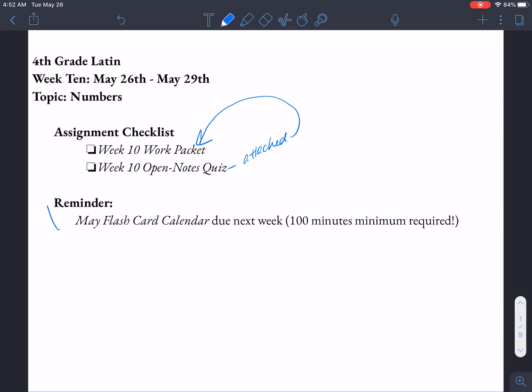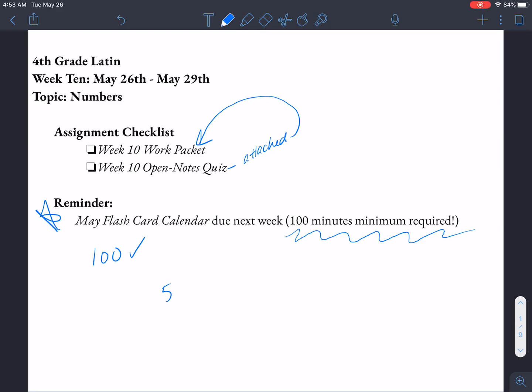And as a super friendly reminder, your May flashcard calendar is going to be due next week, because believe it or not, time has flown. June is next week, which means May's over, which means you should have studied 100 minutes, okay? I am requiring 100 minutes for your flashcard calendar. If you study 100 minutes, you get 100. You study 5 minutes, you get a 5 out of 100.